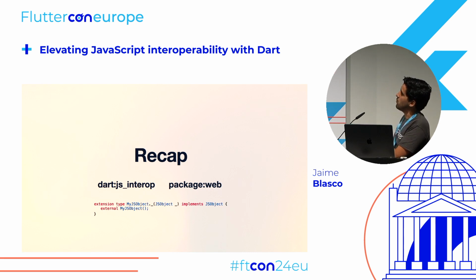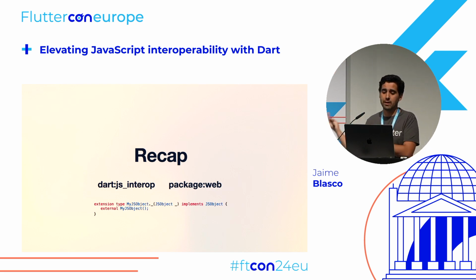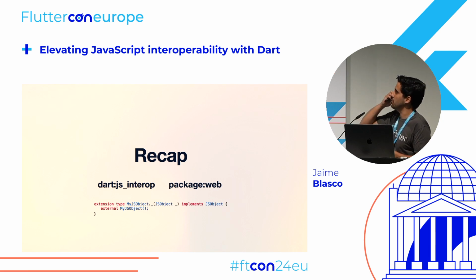The way to create an object interface in our Flutter app or Dart app is through the new extension types. You give it the same name as your JavaScript object, and then you extend the JavaScript object type, and you can create whatever constructors, properties, values, getters, and setters you might want to use from your JavaScript code. It's not needed to implement all of them, just the ones you think are useful.